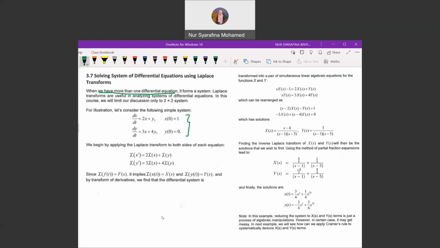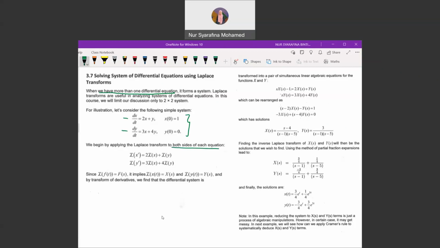We have dx/dt equals 2x plus y, where the given condition is x(0) equals 1. Another one is dy/dt equals 3x plus 4y, where the condition is y(0) equals 0. So we have more than one differential equation: differential equation 1, differential equation 2. We can solve this by applying the Laplace transform to both sides of each equation.